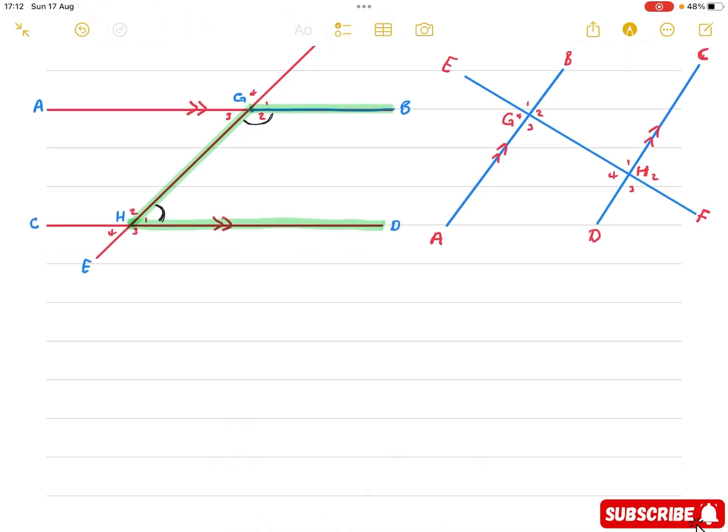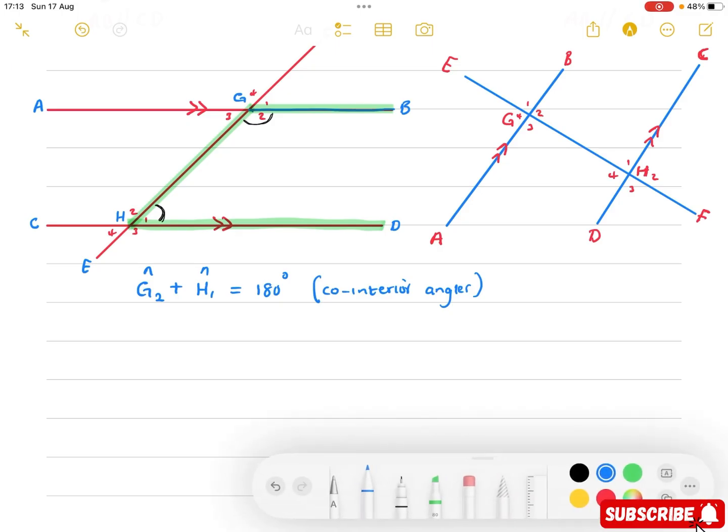When you sum them, G2 plus H1 has to give us 180 degrees. The main reason is because they are co-interior angles. If you look carefully, these angles fall on the very same side of the transversal, which is what we emphasized previously.